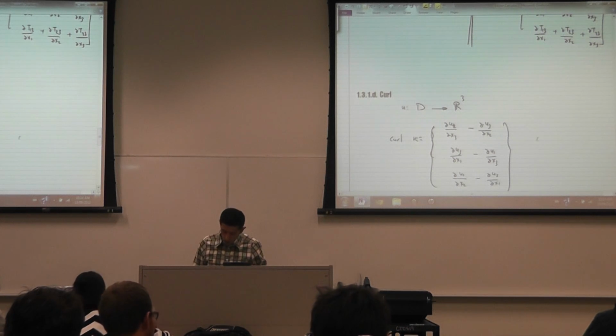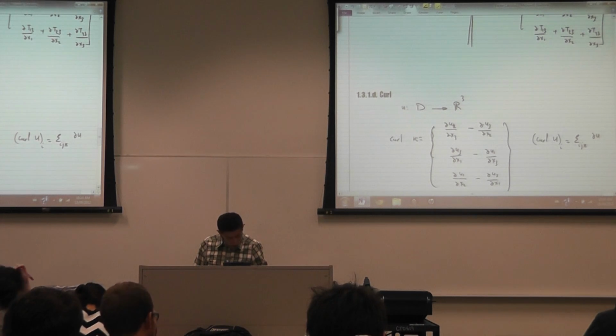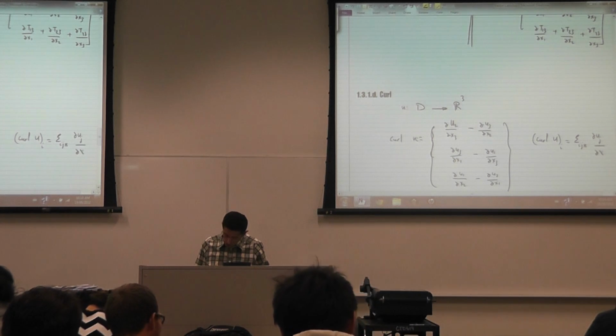Or in component form, curl u, component i, is equal to epsilon ijk partial uk by partial xj.